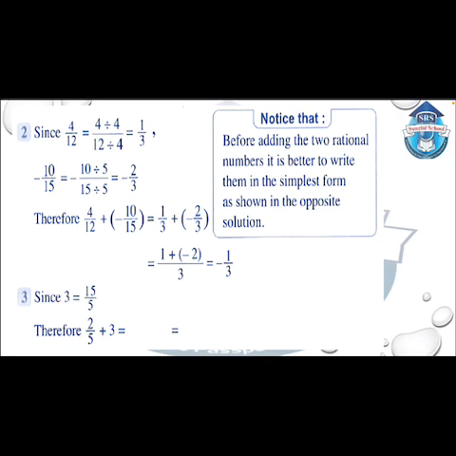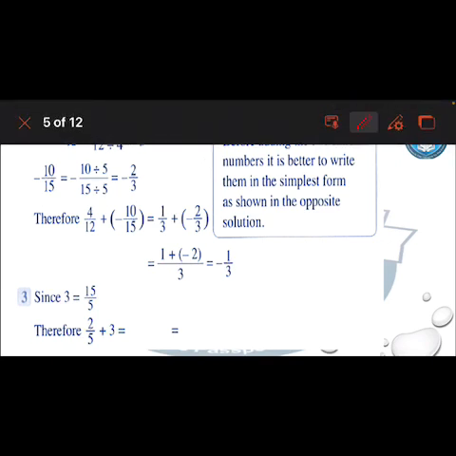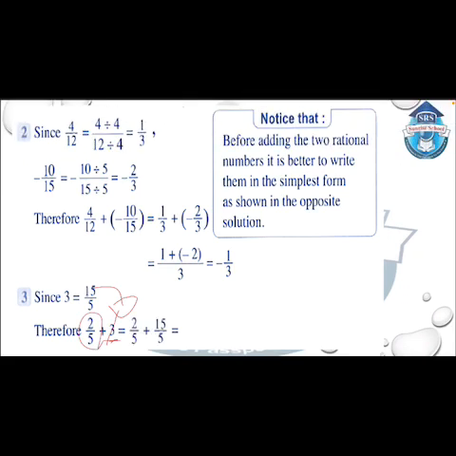So 2 over 5 plus 3, I will remove 3 and put instead of it 15 over 5. So 2 over 5 plus 15 over 5. Now I will keep the same denominator and I will add the numerator. It will be 17 over 5.